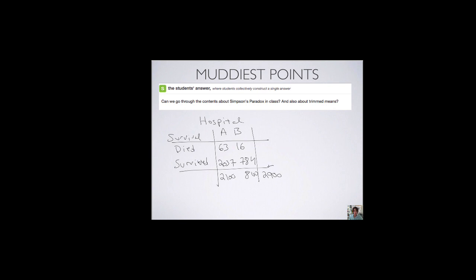Now, which hospital had lower mortality? We can compute that by looking at hospital A. The rate is 63 out of 2,100, and that's roughly 0.03. And for hospital B, that's 16 out of 800, and that's roughly 0.02.